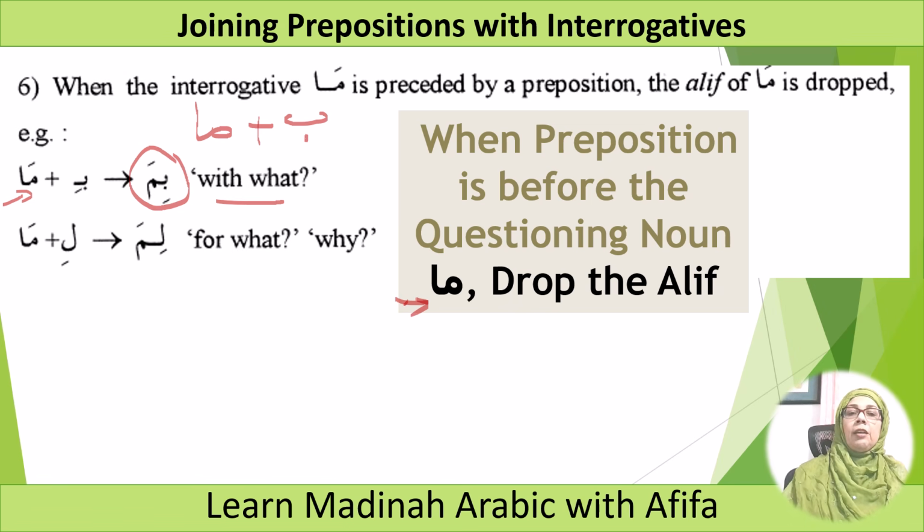Similarly, if the preposition li comes before ma, it becomes lima, which means for what or why. And again in the spelling, the alif in the ma is dropped. So it's pronounced and written lima.